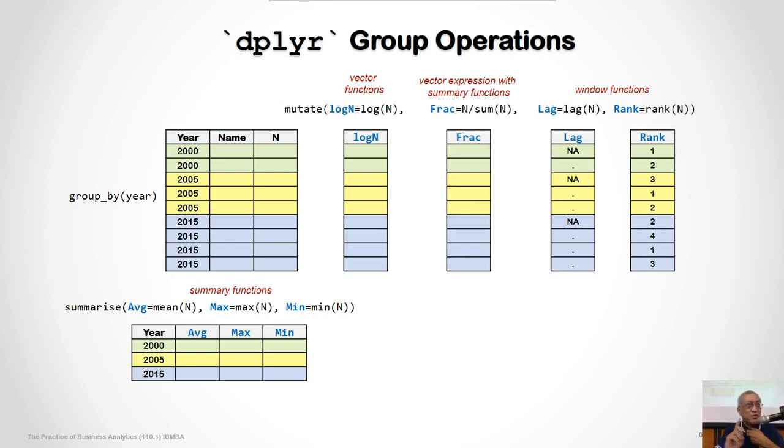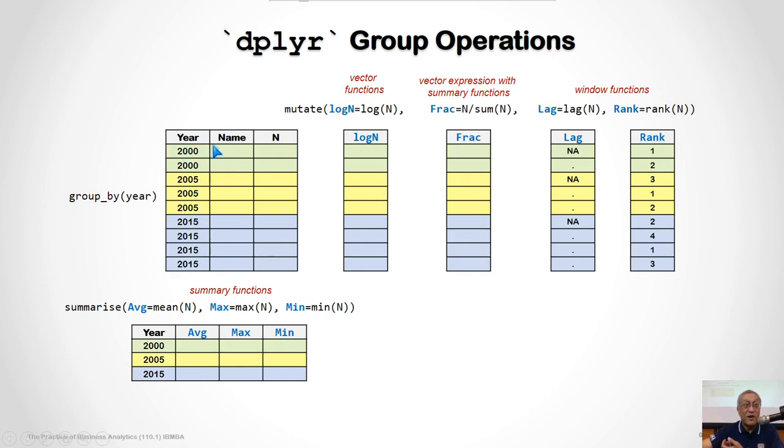But sometimes you will have to do group by and mutate, okay? Now what is the idea of group by and mutate? When you do group by and mutate, it means that the mutate is done group by group. After you put a group by on something, the data frame actually has a structure of groups.